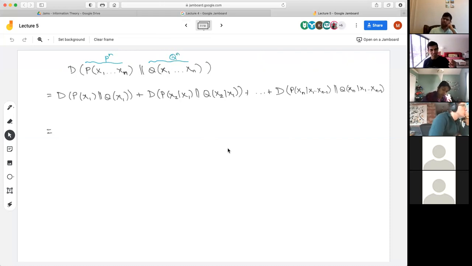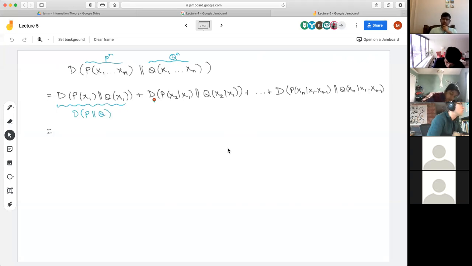It's just each sample is sampled independently from p. Okay. Now, what is the first term? So this is just the behavior of the first sample. x1 is either sampled from p or sampled from q. So this is nothing but the same as the KL divergence of p and q.